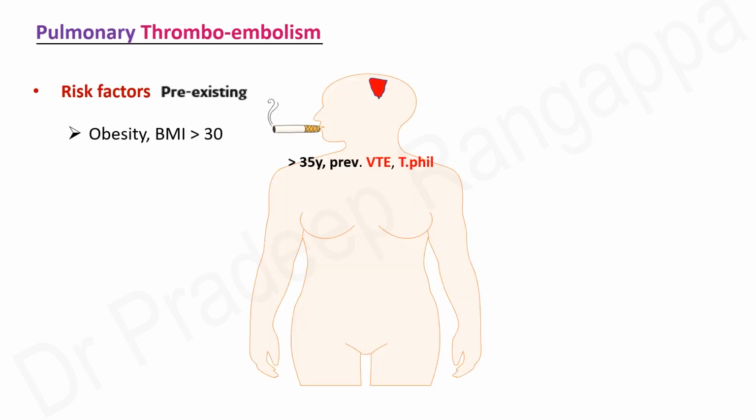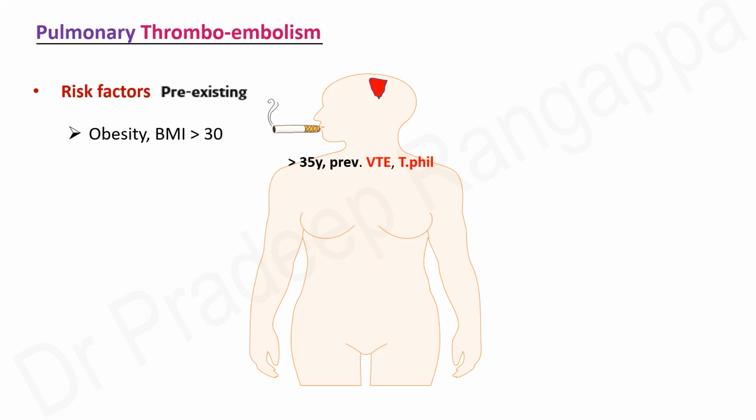When we look at pulmonary thromboembolism, there are clearly defined risk factors. Some of the risk factors are pre-existing and some of them are acquired. Some of the pre-existing risk factors are obesity, where body mass index more than 30 qualifies as a risk factor. I've put it in a pictorial format for you to remember the salient risk factors that put someone at risk of developing venous thromboembolism or pulmonary thromboembolism.